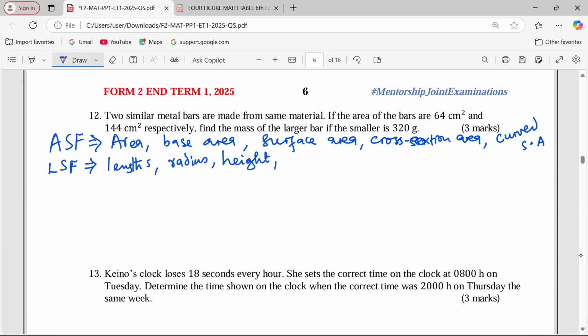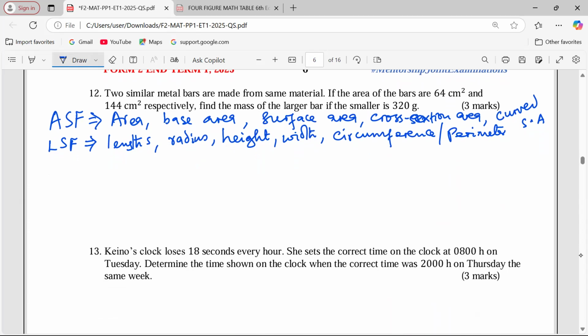We can talk about width, which is in one dimension. Circumference is in one dimension, and this goes together with perimeter. They are all in one dimension. So all measurements in one dimension are related using the linear scale factor.